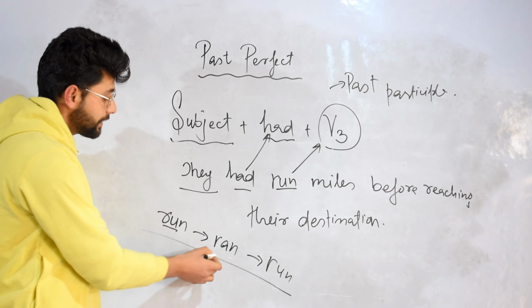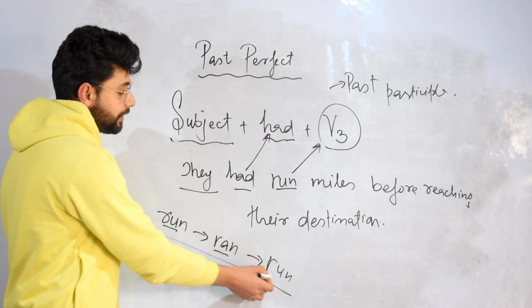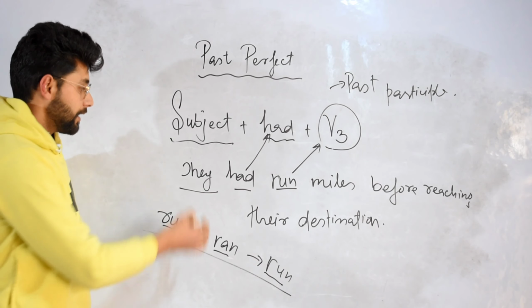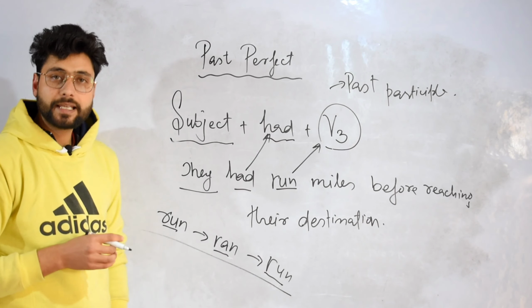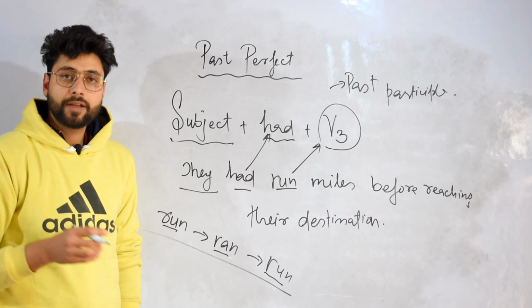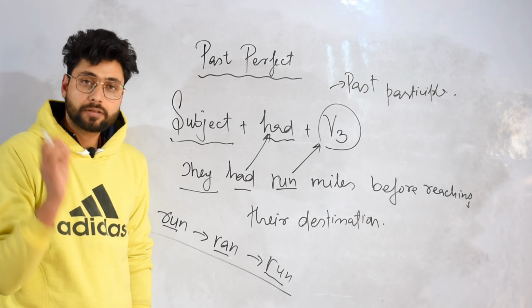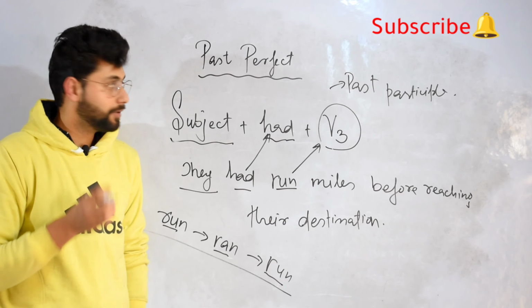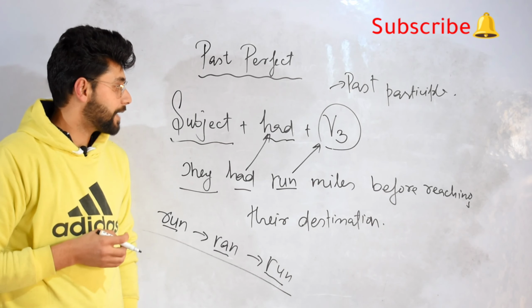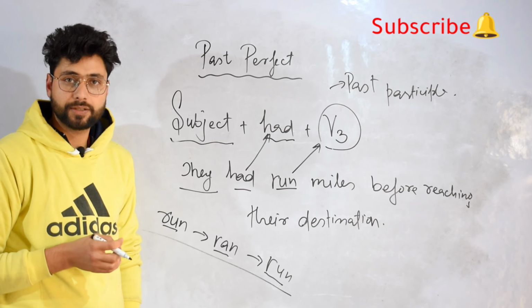First form, second form, and third form. They had run miles before reaching their destination. So a group of people had run miles before reaching their destination. So this is another example of past perfect.